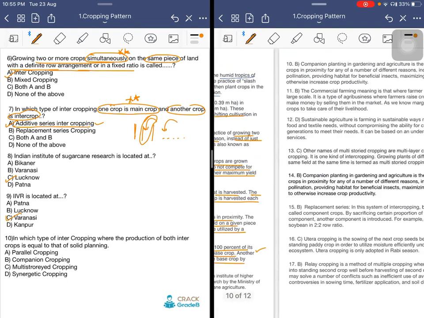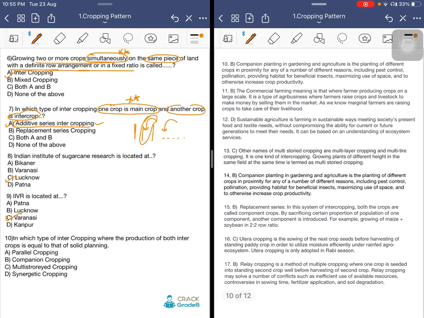Next is, in which type of intercropping is the production of both intercrops equal to that of solid planting? Okay, the answer will be companion cropping. What is companion cropping? The name itself indicates growing one row always as a companion with another row beside it.